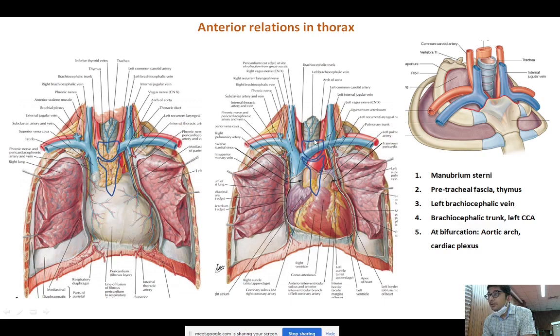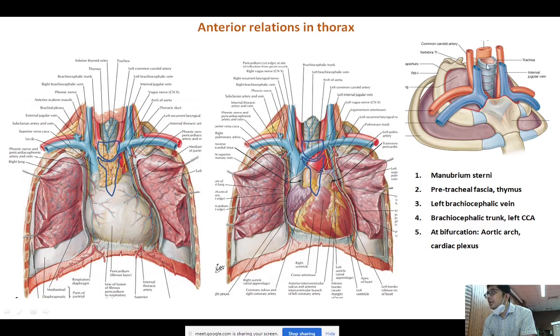So the left brachiocephalic vein. Then arteries. Just posterior to the left brachiocephalic vein, the brachiocephalic trunk, the artery which divides into two. The left common carotid, isn't it? And the arch at the bifurcation. So these are the relations.